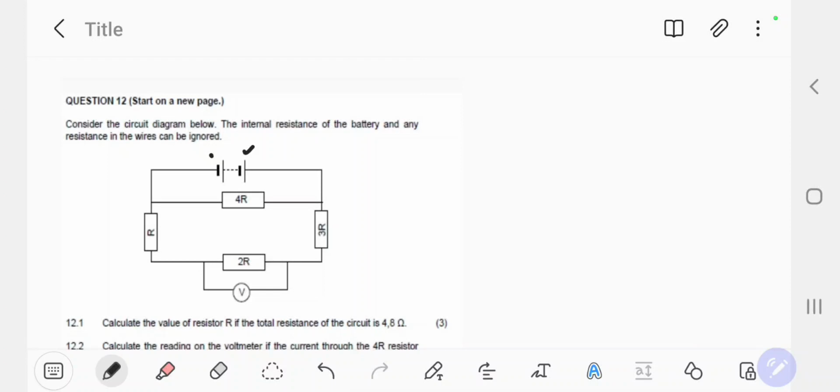And then the other thing, just to remind yourself, guys: current flowing across a parallel circuit is divided, and current flowing in a series circuit is going to be the same throughout.